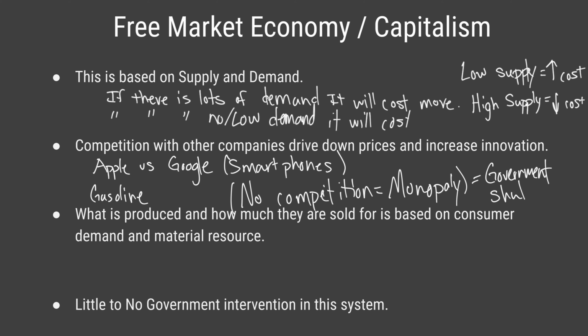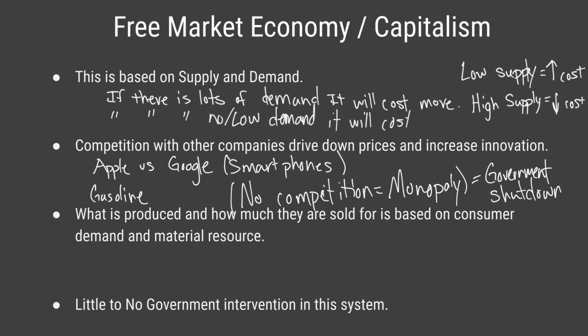So government might shut down a true monopoly to protect the supply and demand. Because if there's only one company, let's say one company manufactured smartphones and there was no other company in the world that made them, people need smartphones at this point in the world, so that company could charge whatever amount they wanted and people would be forced to pay for it. So in that case, the government might split that company into two separate companies or maybe even three separate companies that all need to compete against each other to bring that competition back.